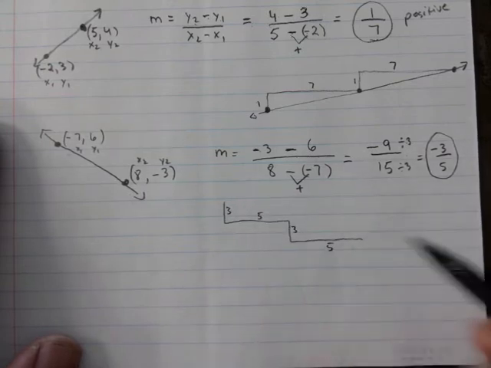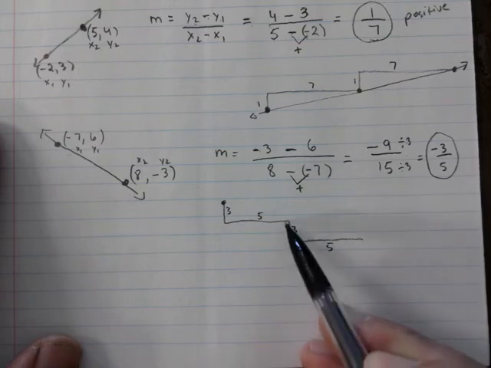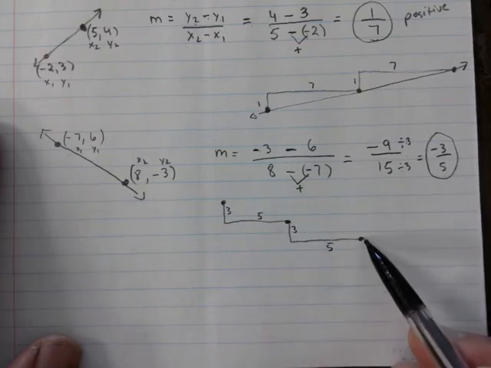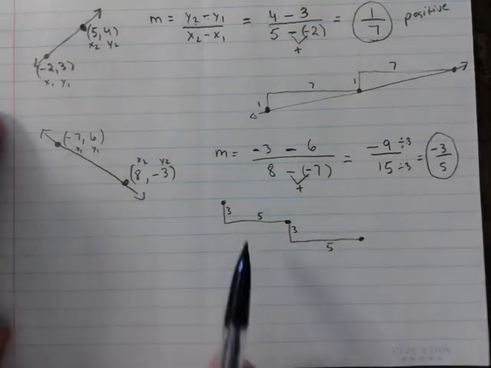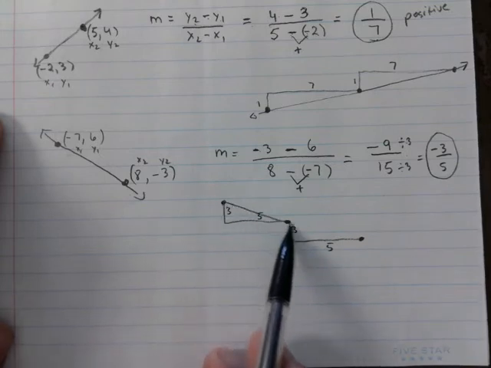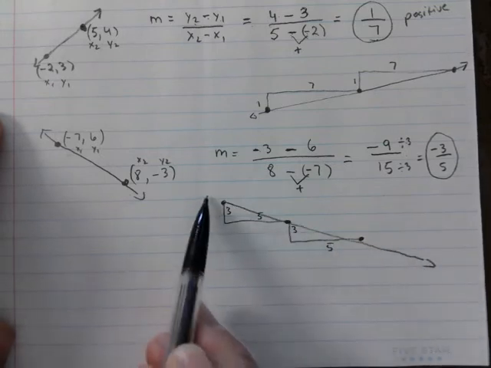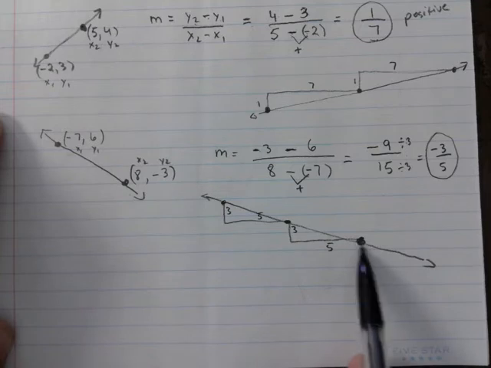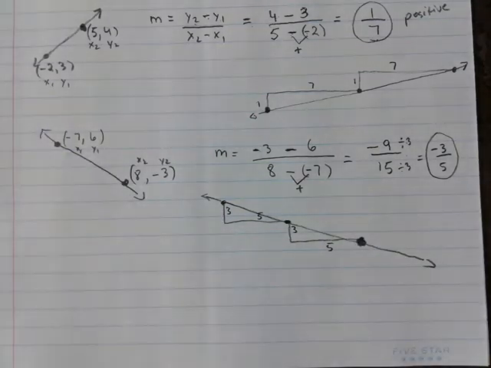Drop 3, run 5. And so we're connecting these dots here to make our line. Sorry, missed that one dot there. Let's make it bigger. There. Anyway, so this is just reviewing slopes. You should know where it's going from there. Okay.